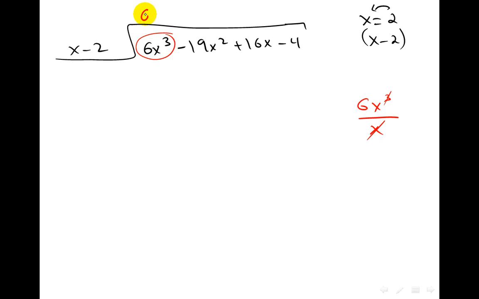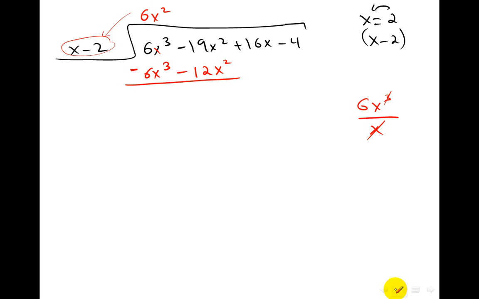So it will be 6x squared. Now, like a normal long division, multiply the 6x squared by this x minus 2. So 6x squared times x will give you 6x cubed, and 6x squared times negative 2 will give you negative 12x squared.